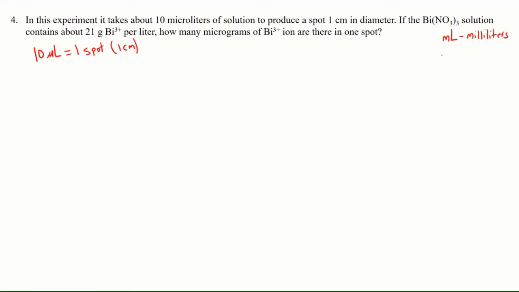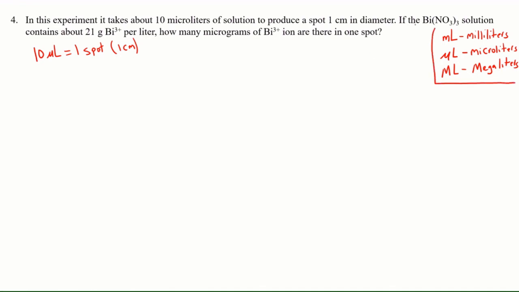Microliters is written as a Greek letter mu, capital L. That's micro liters. And do not use a capital M. Units are case sensitive. Capital M is really mega liters. So we have to be very careful when we write units. Please be aware of this.